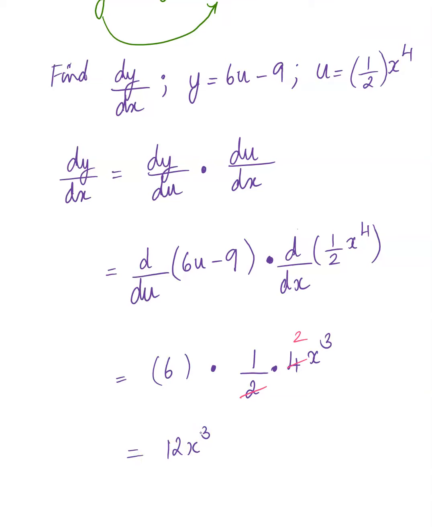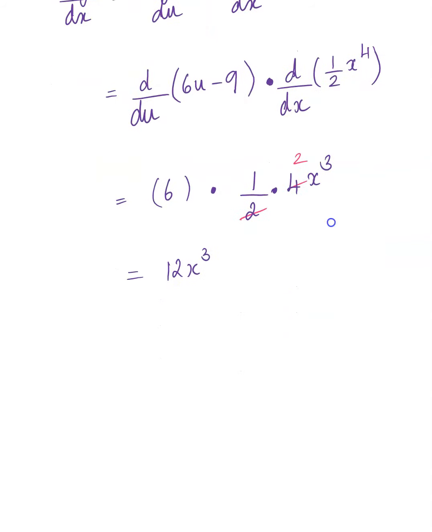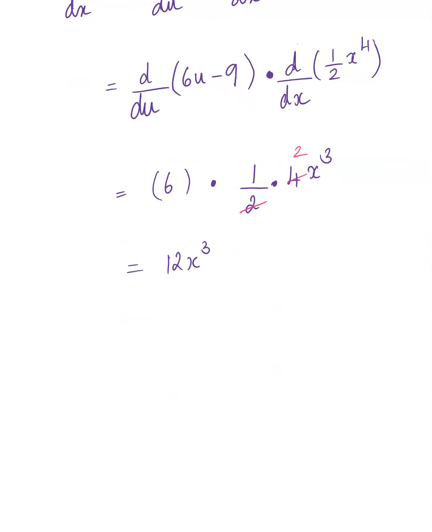So there will be problems where you'll be asked to decompose into y and u, or they could give it to you like this, the y and the u separately, and you'll be asked to find the dy over dx. So here comes our next one. Dy over dx, where y is square root of u and u is sine x.